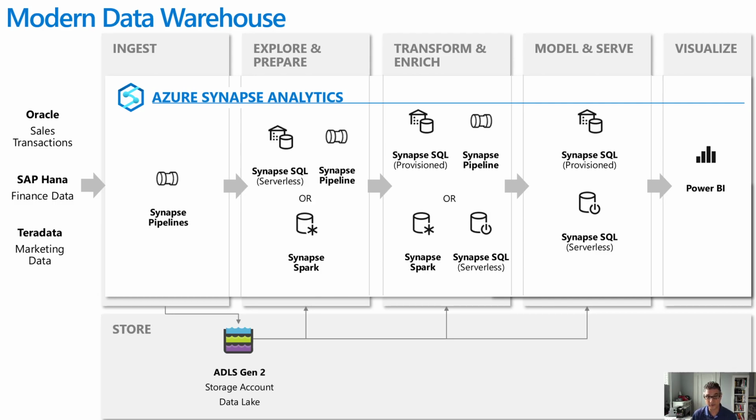Well, I can use the serverless version, I can use pipelines, I can use Synapse Spark. I can transform using all those, as well as the provisioned Synapse SQL. And then model and serve, I have a couple options on here, all based on Data Lake Store Gen 2.